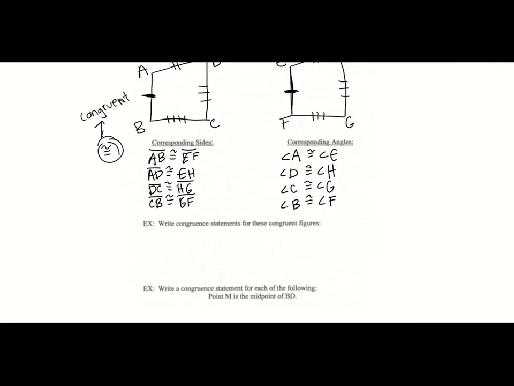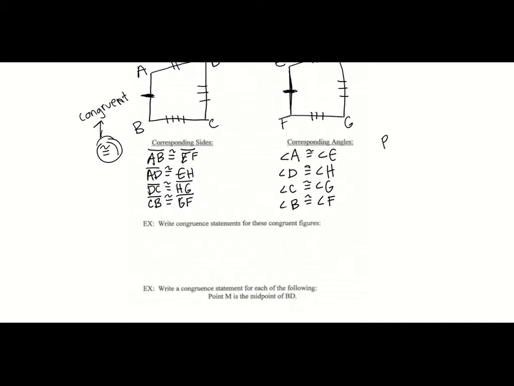So then to write our final congruent statement for these two figures, we would write polygon ABCD is congruent, I'm going to write our symbol, to polygon, and now I have to make sure my angles line up.